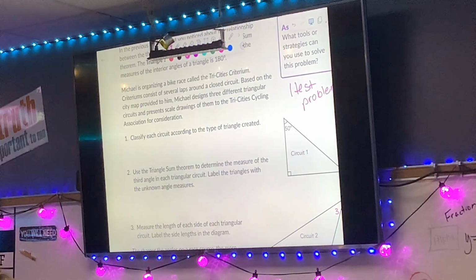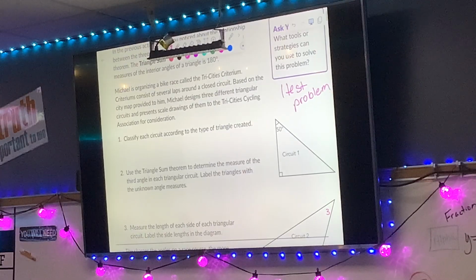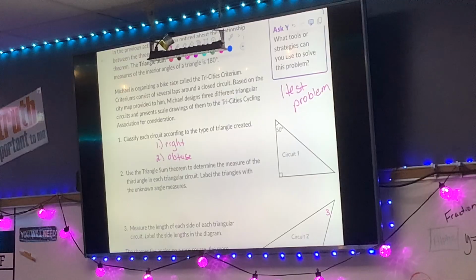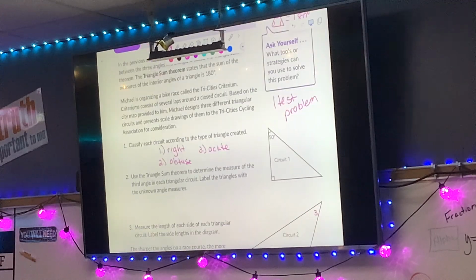So tell me what kind of angles could be in a triangle. Obtuse. Okay. Right, obtuse, and acute. Acute is less than 90, because it's cute, it's little.